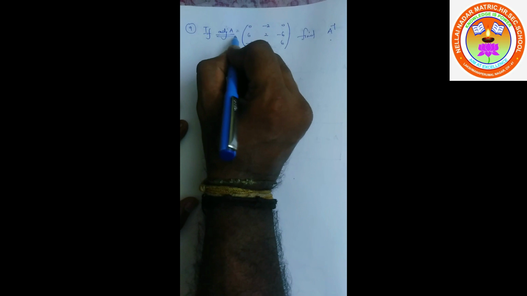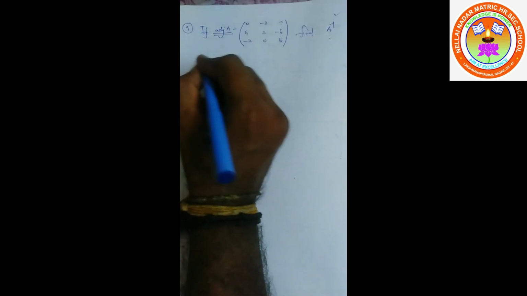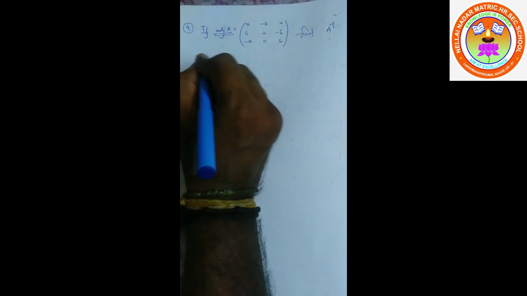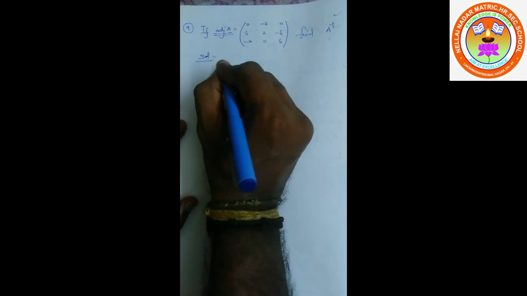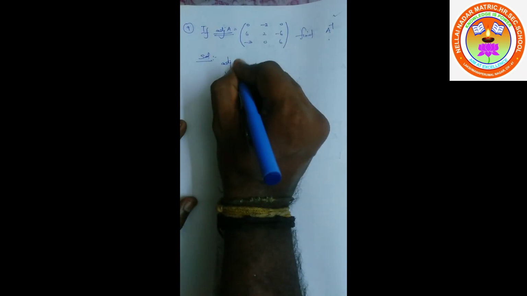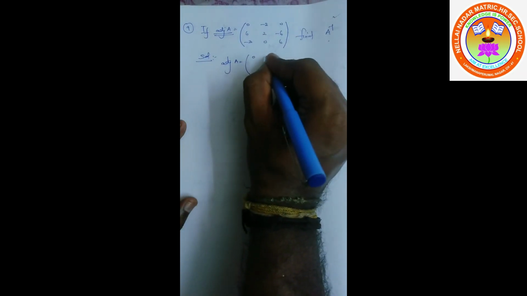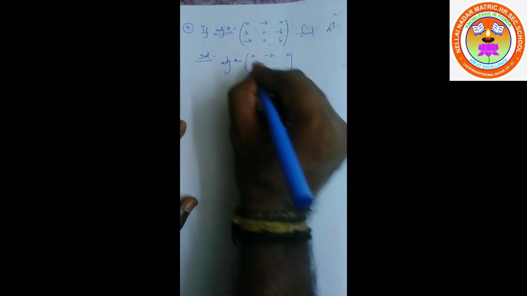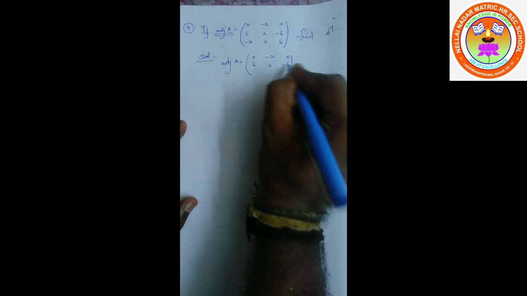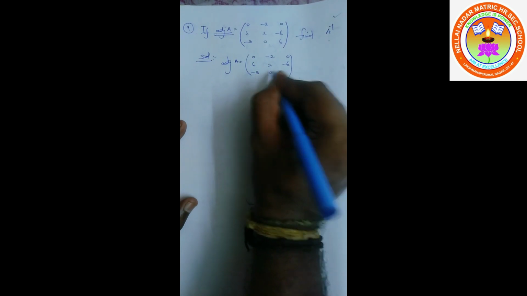In the 8th sum they gave adjoint of A, and for the 9th sum also they gave adjoint of A. In the 8th sum we need to find A, in the 9th sum we need to find A inverse, so the formula differs. Adjoint of A is 0, minus 2, 0, 6, 2, minus 6, minus 3, 0 and 6.